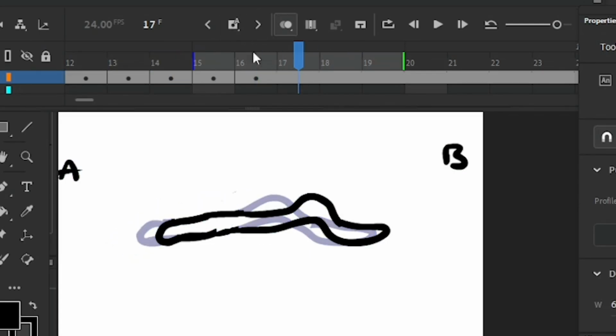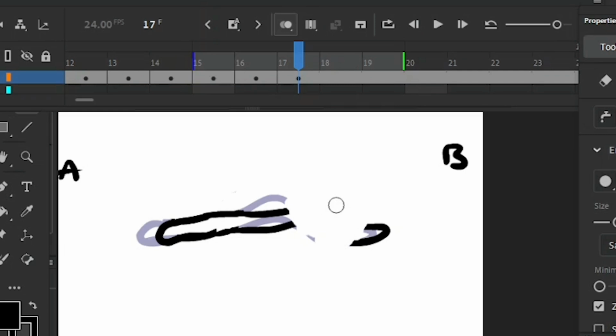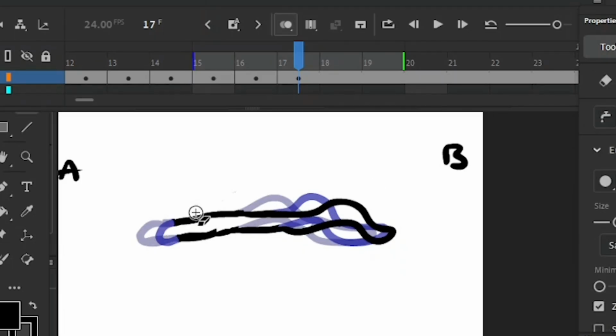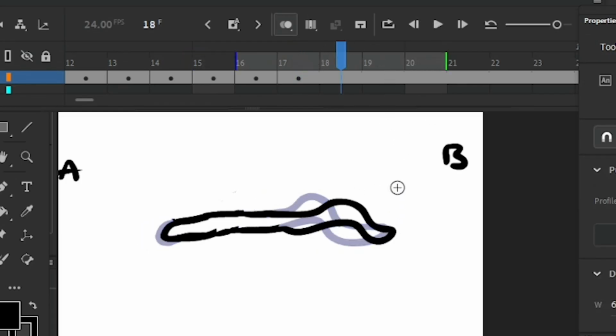Go to the next keyframe, which is 17. Insert your next keyframe. Then you make another motion there. Make it in the flow. As you can see, it's still moving. To start the next keyframe.